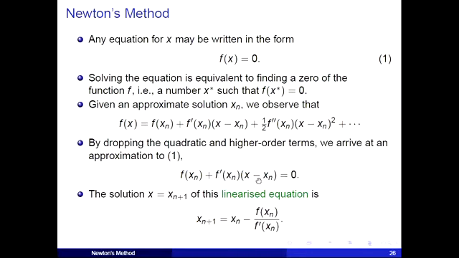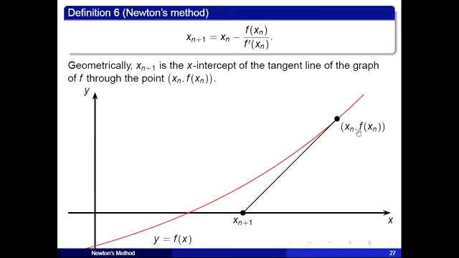Another way to look at Newton method is to draw pictures. You draw a curve like this, and this is xn. Then you plot a tangent line, and the tangent line will cut the x-axis at x_{n+1}. In the next step, you plot a tangent line here, and it will cut at x_{n+2}, and so on.